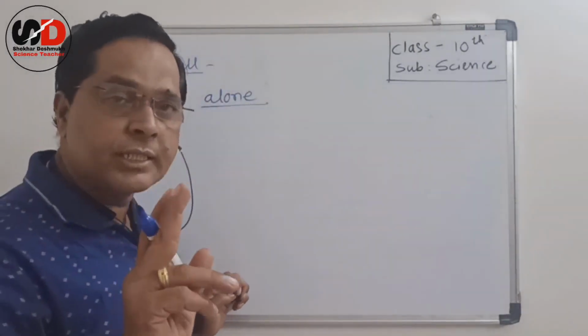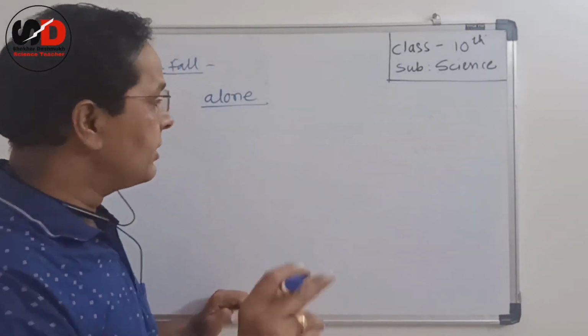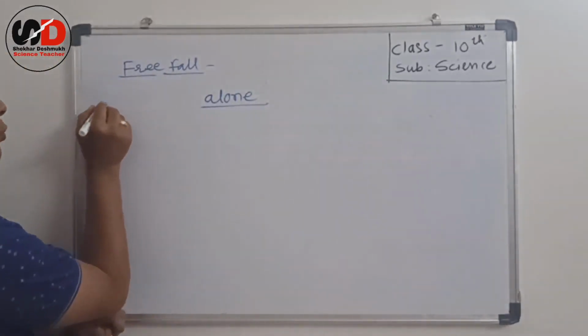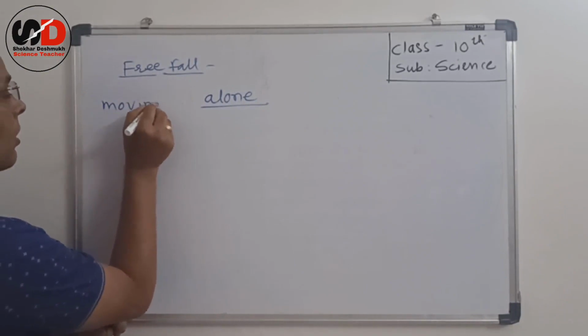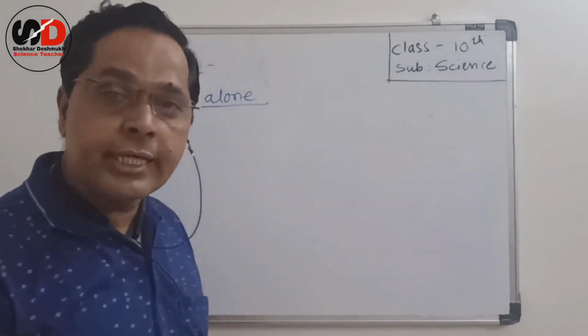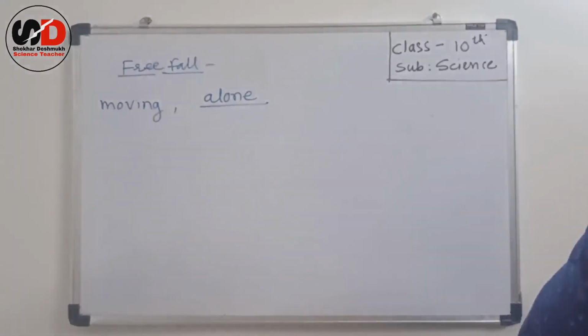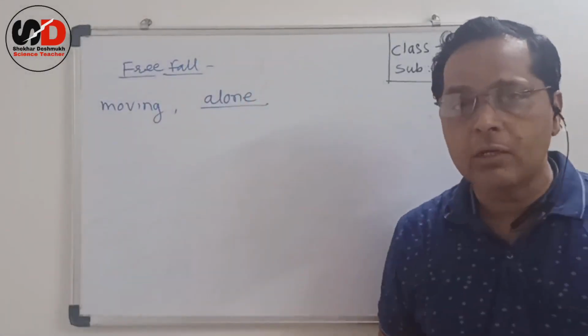Two words are very important in this definition: alone, and second, moving. I am not saying it is falling. It is moving. In this activity, we have seen the ball falling down.